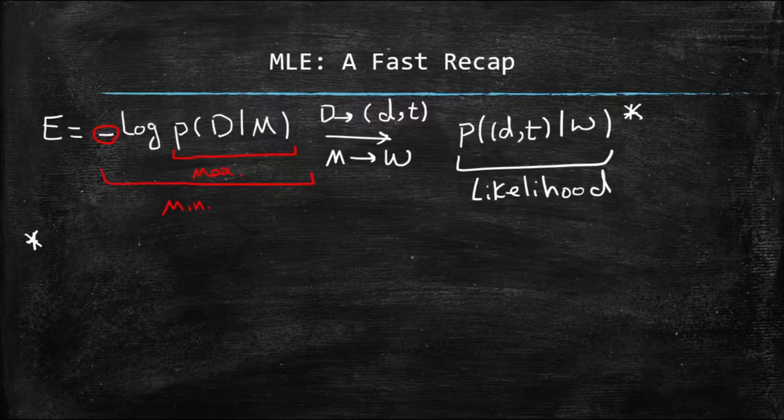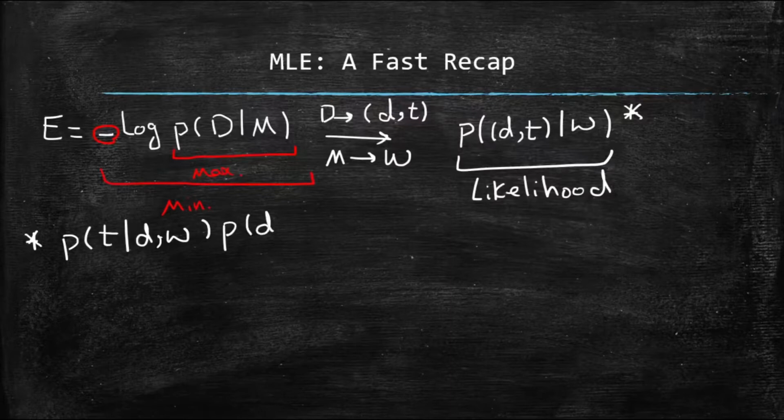If I have a conjunction of two variables conditioned over another, in this case D and T conditioned over W, mathematically I can expand this whole thing and say that this equals the probability of my ground truth given my input and my weights or my parameters, multiplied by the probability of my inputs given my W. So that W is shared by the two terms here.